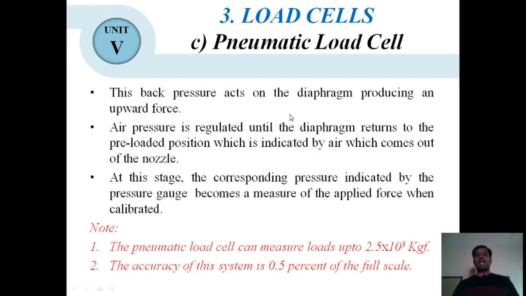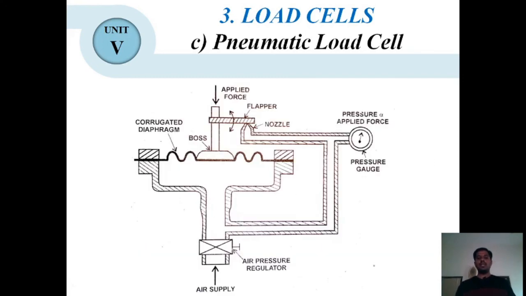This back pressure acts on the diaphragm, producing an upward force. Since we are obstructing the passage of the air through the nozzle, there will be some back pressure, and this back pressure will try to move the diaphragm upward.